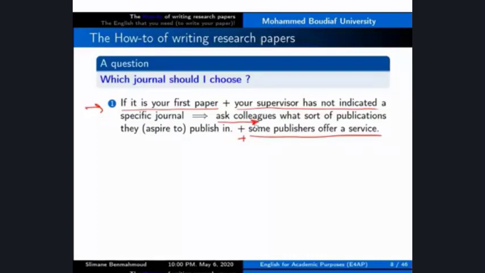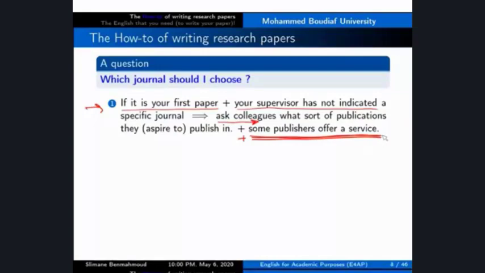Another interesting point is that some publishers, like I have said, like Springer and Elsevier, offer a similar service that can help you find the right journal just by entering some information like the title of your manuscript, the abstract, and some keywords.